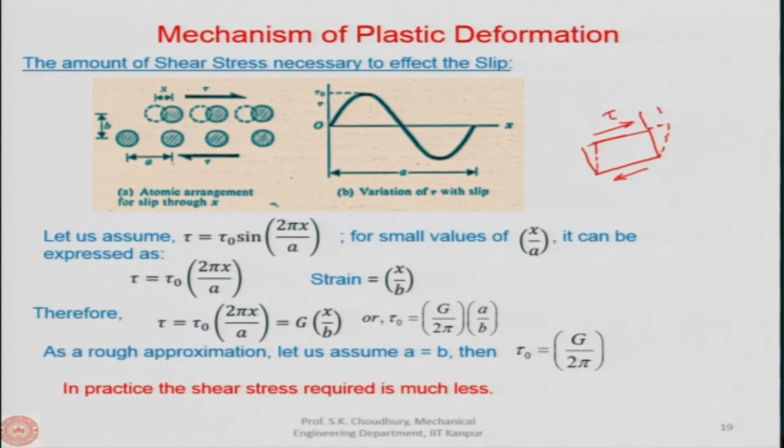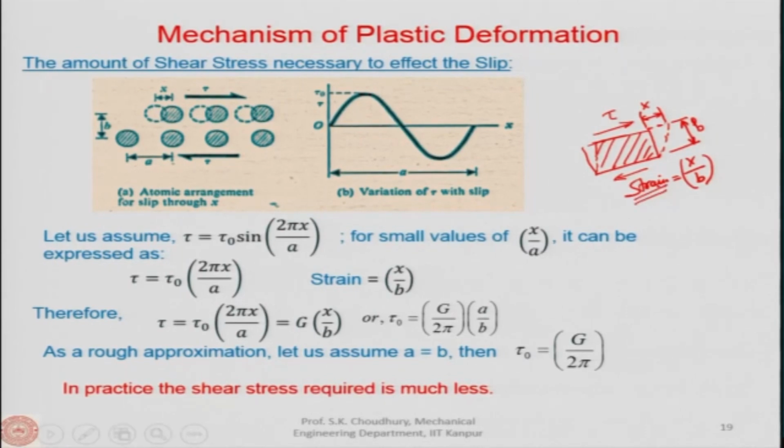How much it has been deformed is this x, and the distance between these two layers, this layer is moving with respect to this layer, let us say this is b. So, the strain is equal to x upon b: how much it has been moved, divided by the layer distance. This is even in case of a solid material. This is how we normally find out the strain.